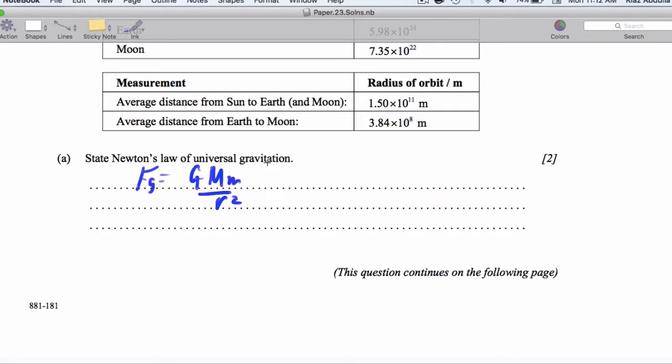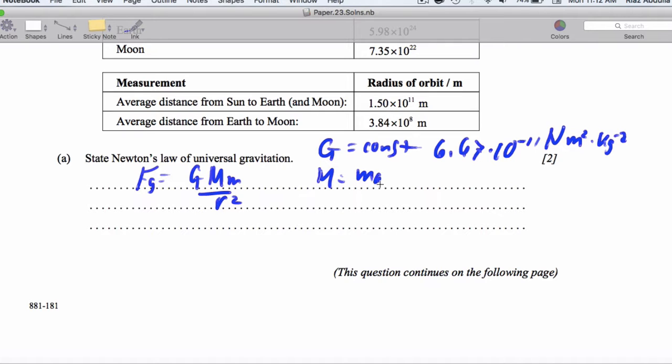Okay, one small IB thing. When they say state a law and you want to write the formula, you have to say what each letter means. So G is a constant, that's 6.67 times 10 to the negative 11th newtons meters squared kilograms to the negative 2.